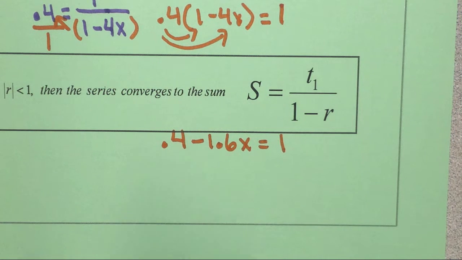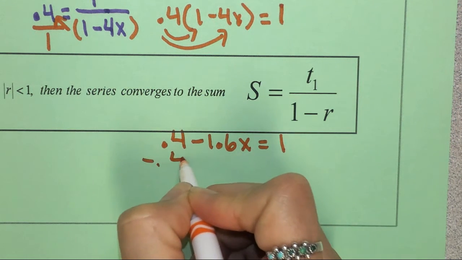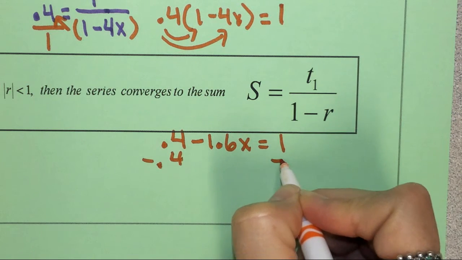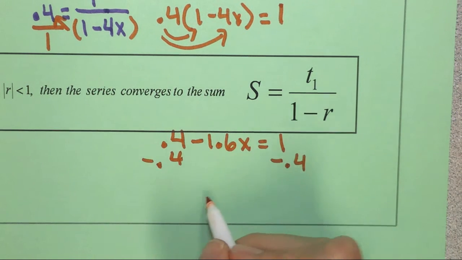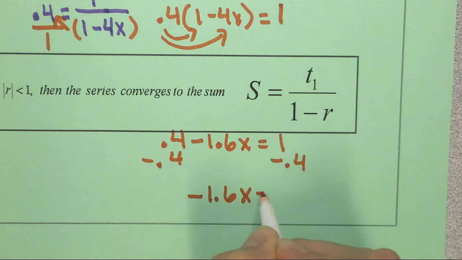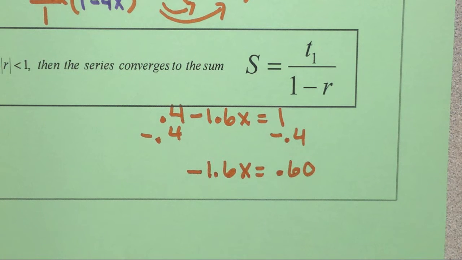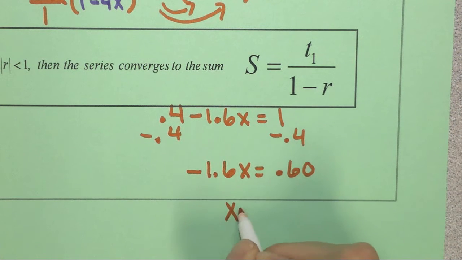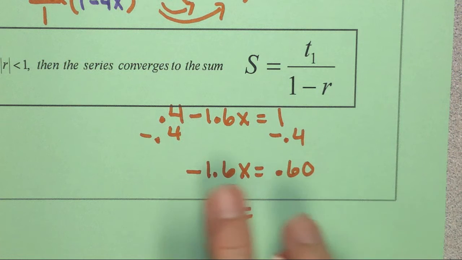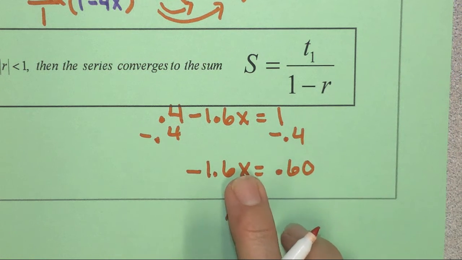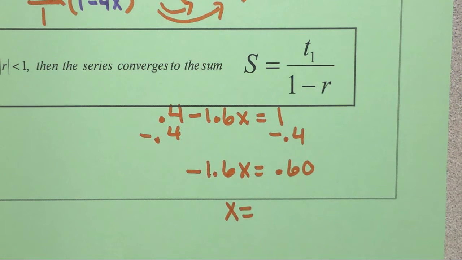How do I get x by itself? What do I do with the 0.4? Subtract 0.4. So what's $1? Take away 40 cents. Okay, so I have negative 1.6x equals 0.60. What's your last step? Divide. So what is 0.6 divided by negative 1.6? I want the decimal and the fraction. I want them both.